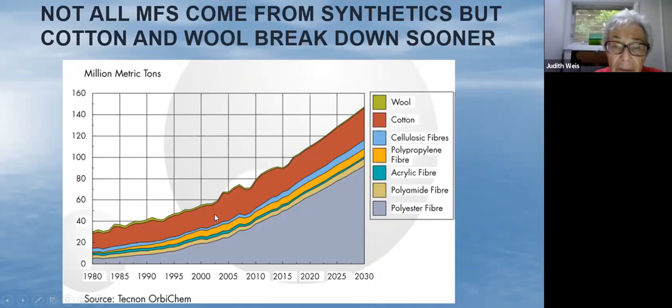You can see a significant chunk of fibers getting released from cotton. But cotton and wool, you do have their microfibers in the environment, but they will break down. Bacteria and fungi can break them down much more readily than plastic microfibers.